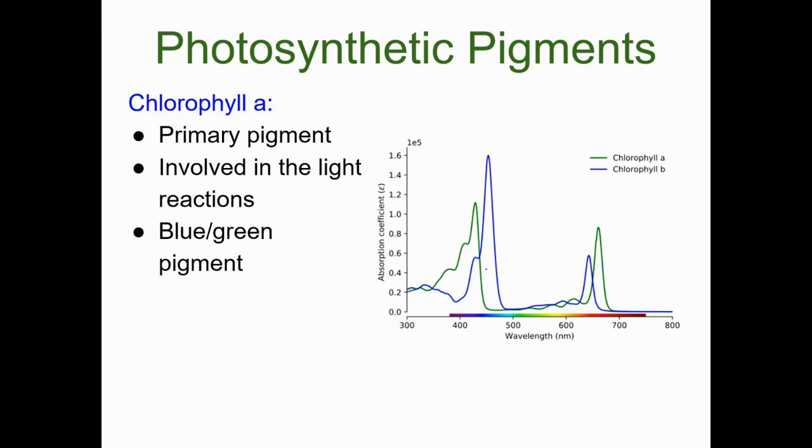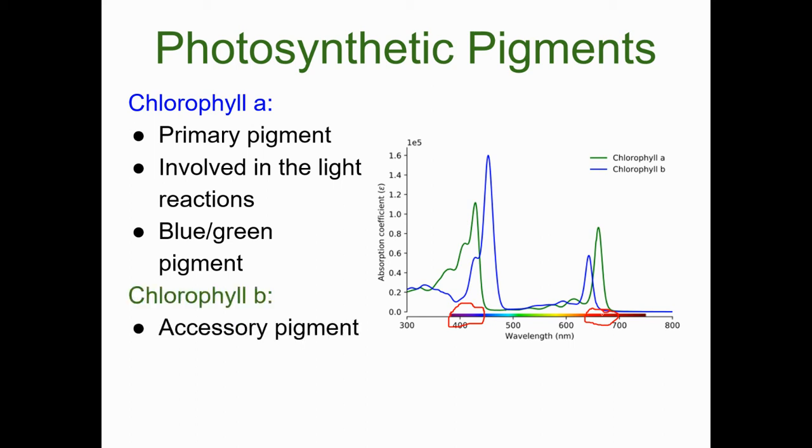If you see, it's peaking, so it's absorbing in the purplish, like this here, and then it's also absorbing in the red range, right here. Okay, so it absorbs in the purply blue and the red, but we see blue and green because that's what it's reflecting.